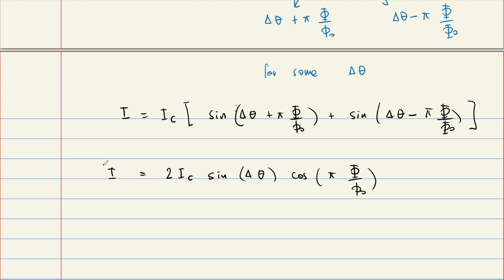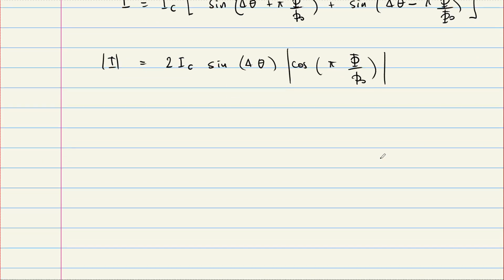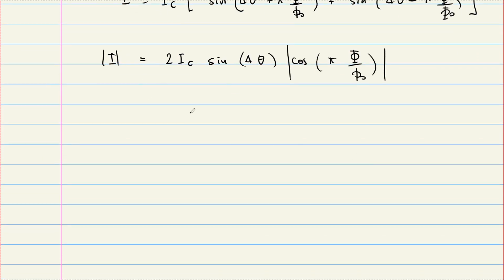And if I look at the current, I can also take the absolute value here. Another way of saying this is I critical in the presence of flux goes to 2 I critical times cosine of pi phi over phi naught.